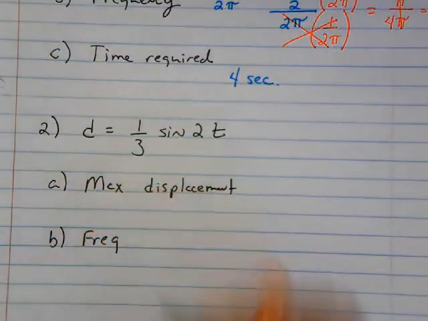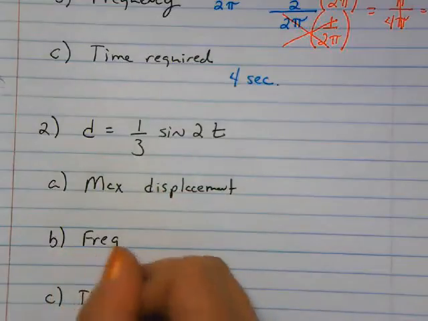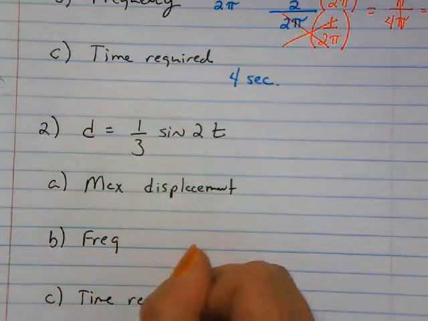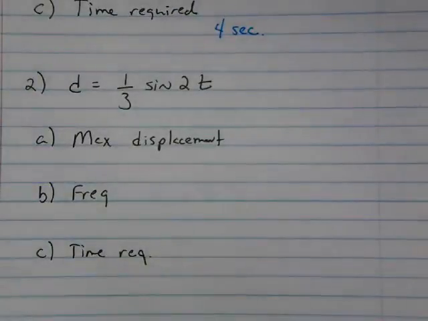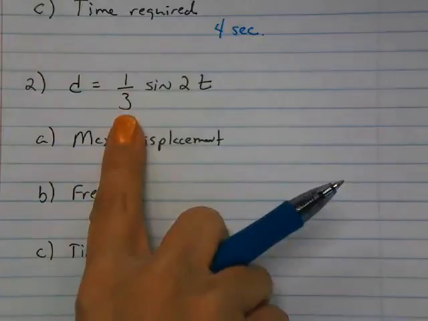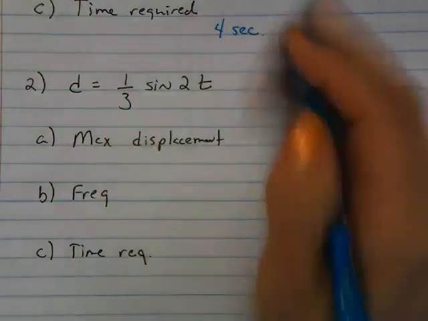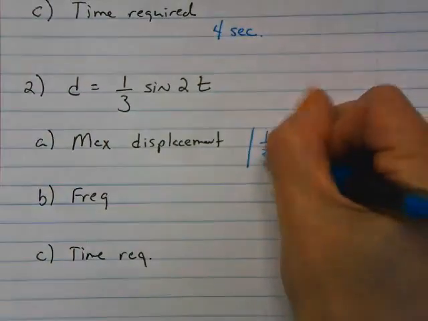And then I'd like the time required. Alright, so let's try. First thing, get your maximum displacement. So where would that be? Right, this number, the coefficient right in front. So it's the absolute value of 1/3, which is 1/3.